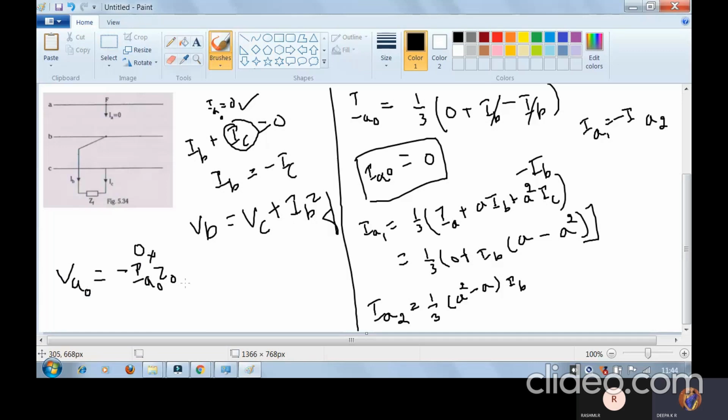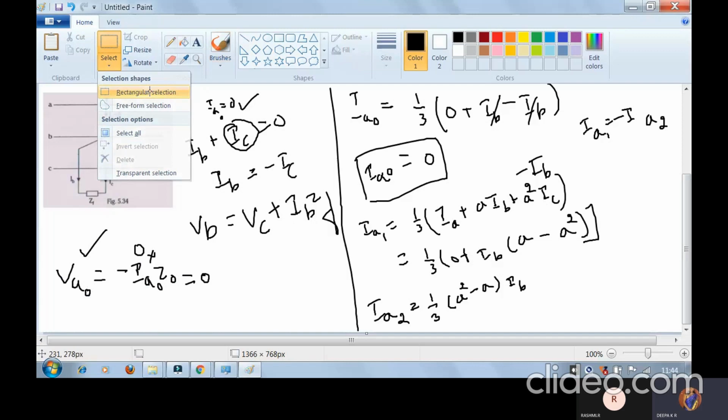So we know VA0, IA1, IA2 and IA0. Next we'll calculate VA1 and VA2.